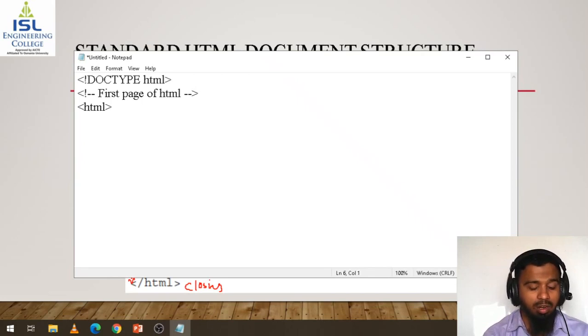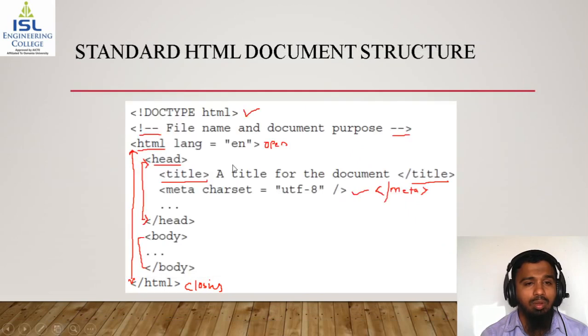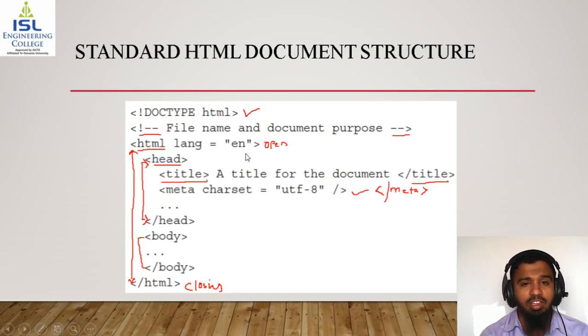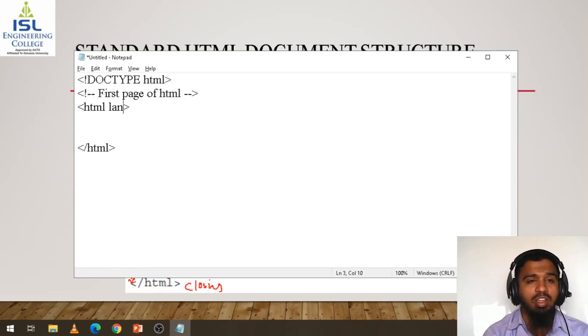Press enter, give some space and write the HTML closing tag, like I showed you here. In this you can specify the language is English, like this: lang equals en, English.